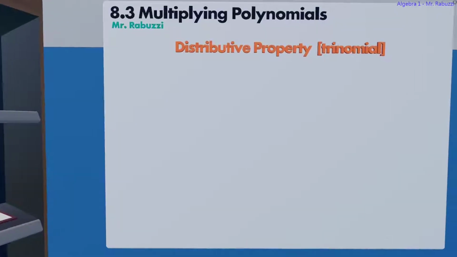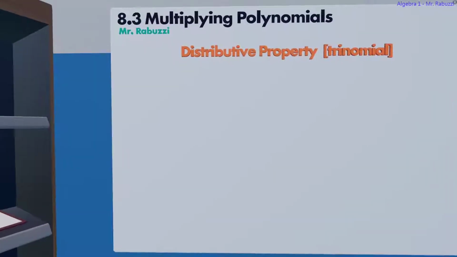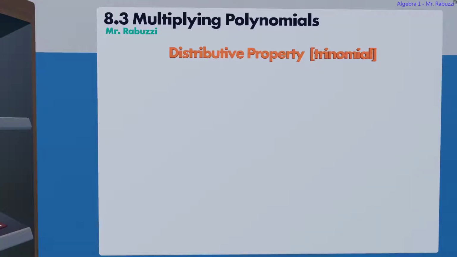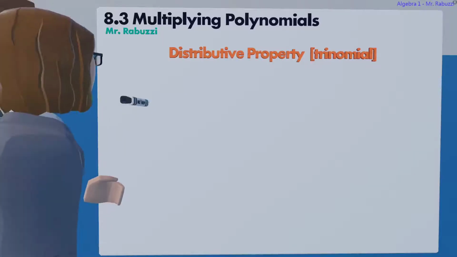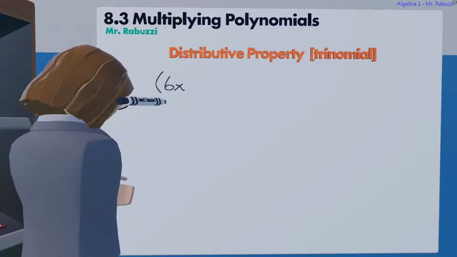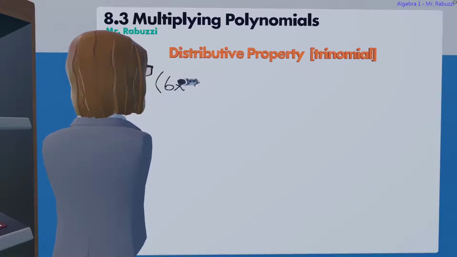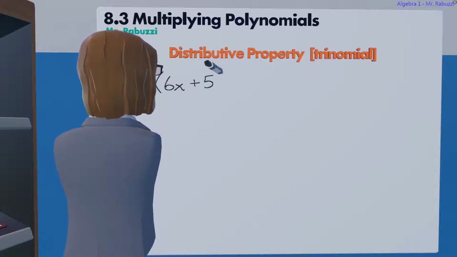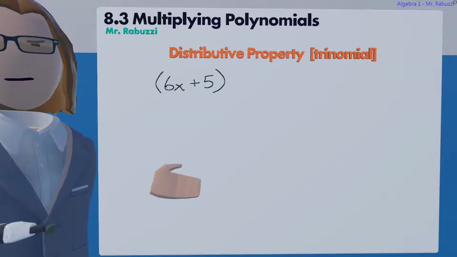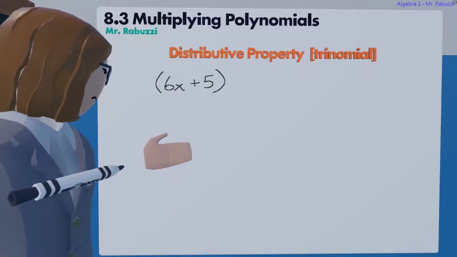So that was binomial times binomial. What if we drop a trinomial into our distributive multiplication here? So what if I say I want to multiply 6x plus 5. Okay, that's good. That's a binomial, 2 pieces. We know how to do that. Nothing bad so far.